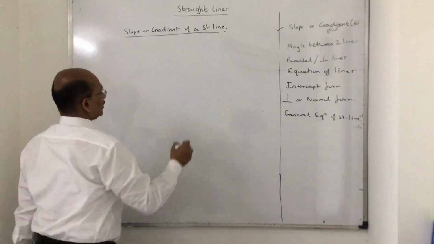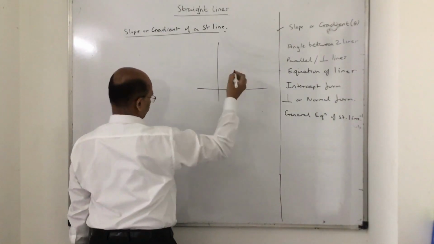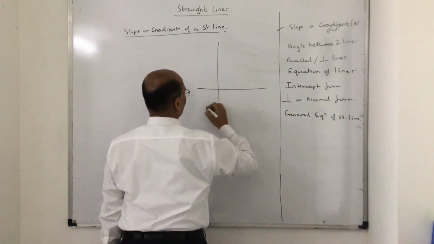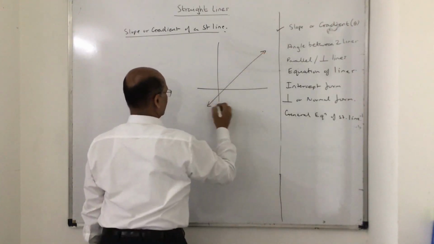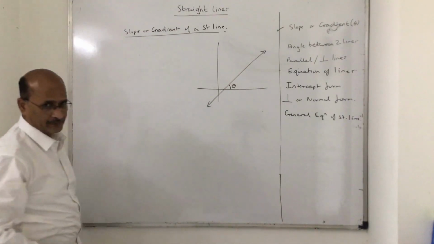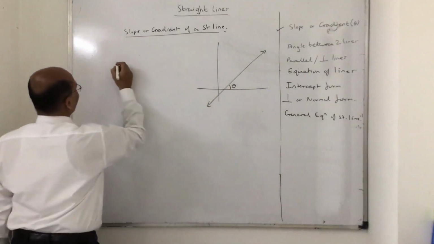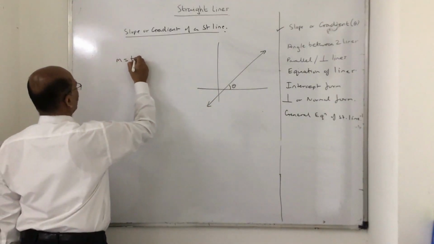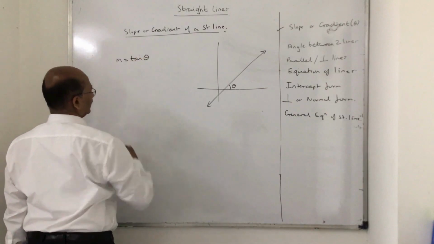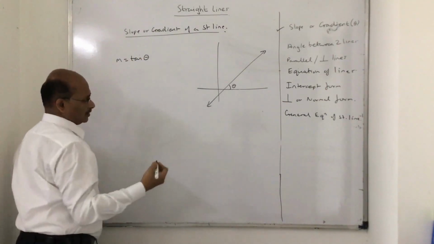Suppose this is the straight line we are talking about, and this is the angle made by this particular straight line. So first is the slope. Tan theta, everybody knows what the slope of a straight line is.